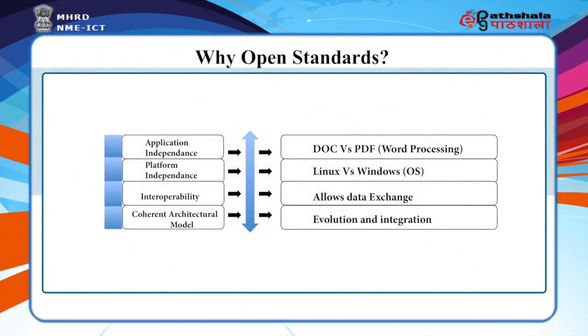So such kinds of standards are there. In applications, you can have application independence if you are using an open standard, platform independence with any operating system, interoperability, which allows data exchange, and also a coherent architecture model, because it is an open standard, anybody can work on it and exchange of data is possible. So in a nutshell, we should use open standards.